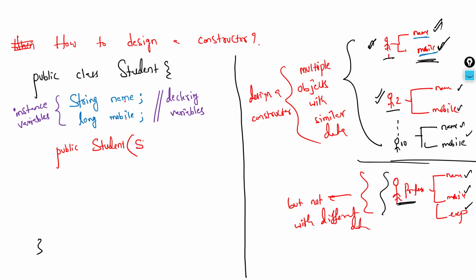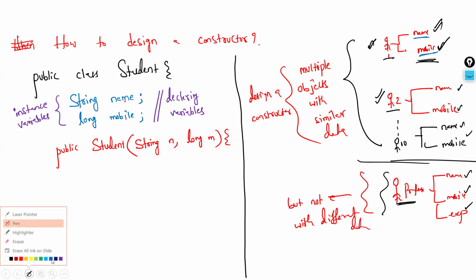So first I'll take String, because a name can be assigned through a String variable only. So String n for name. Next, comma separated, the second one is long m for mobile. Then open curly brace, close curly brace as the constructor body. Then how to initialize?